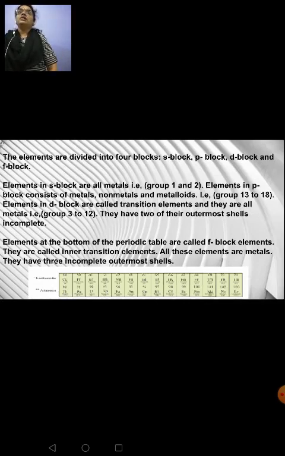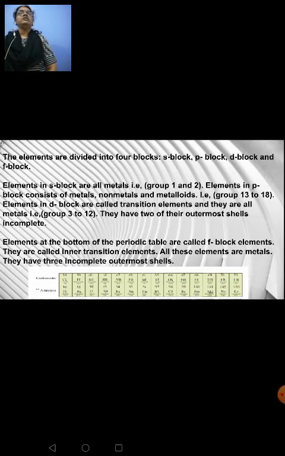So the elements having atomic number 58 to 71 will be found under this F block, and they belong to the lanthanide series because their properties resemble closely those of the element having atomic number 57, that is lanthanum. So lanthanum is La and lutetium is Lu. So La to Lu they must have written there.